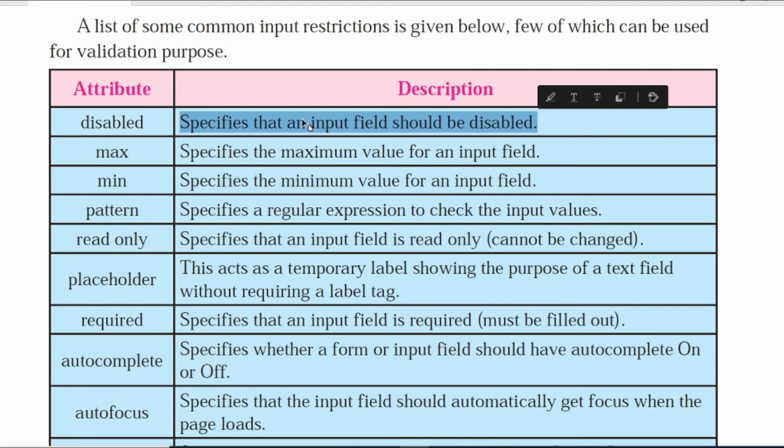Similarly, max specifies the maximum value for an input field, and min specifies the minimum value for an input field. Just as we saw in input type equal to range, where we can control the range between 0 to 100, similarly here we can validate using max and min attributes for a particular input field.